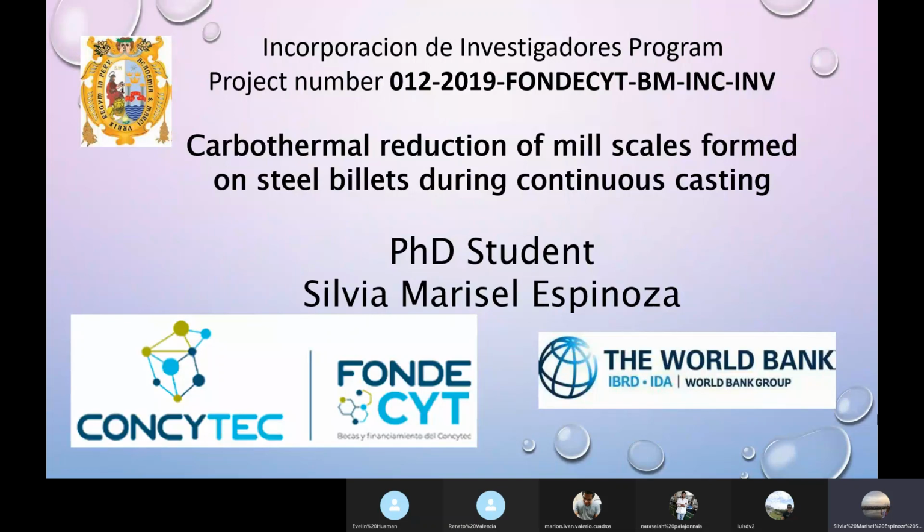For example, the transformation from hematite to magnetite can occur in the same temperature range as the transformation from magnetite to wustite. Similarly, the transformation from magnetite to wustite and wustite to metallic iron. These processes are discussed in depth in this work. Welcome to the dissertation.